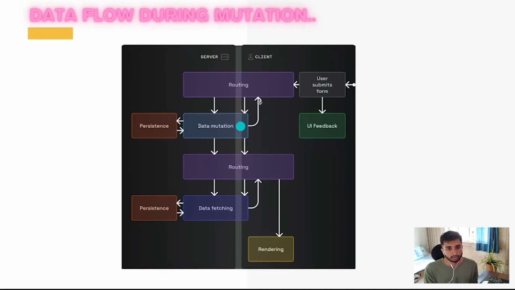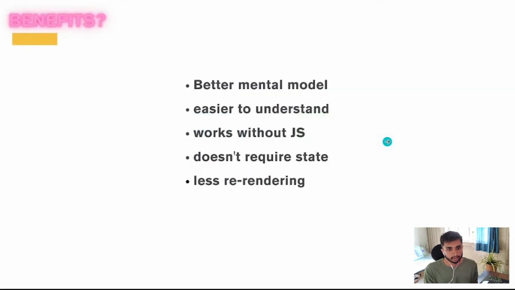Because we are getting a 302 response from the server, we are refreshing the data, and that's how we are getting the data inside of the useLoaderData hook, and that's how we are showing it on the front end.